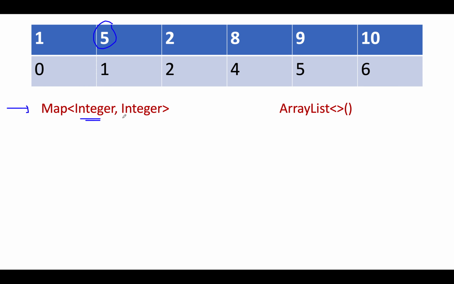We will update the value of this key with respect to the index in my array list. So this value would be the index in my array list so that I can access it in the array list in order of 1 time. Index in array list. So let me just reiterate this.